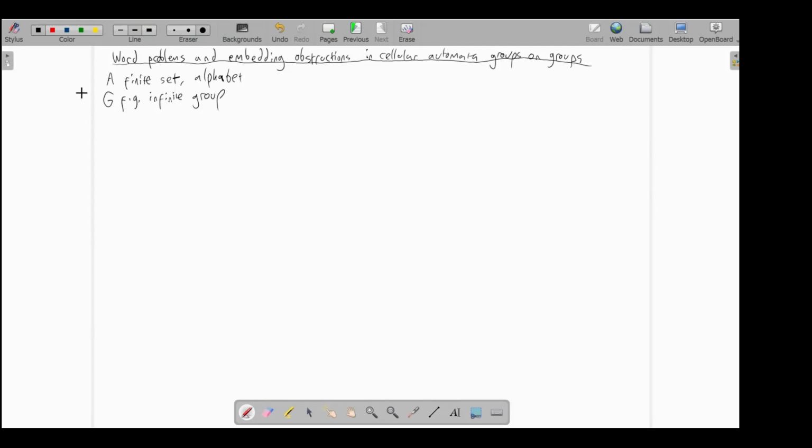And let's take G to be generated by a finite, let's say finite symmetric set containing the identity element, if it's important. And then a little more involved assumption: that the word problem is solvable in polynomial time. I will talk about this in a moment.